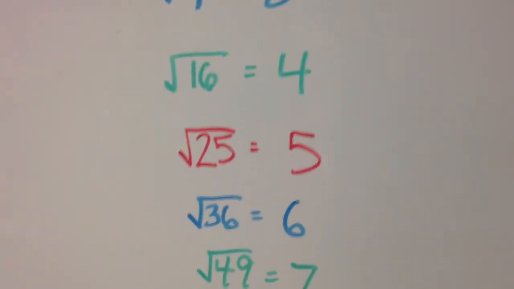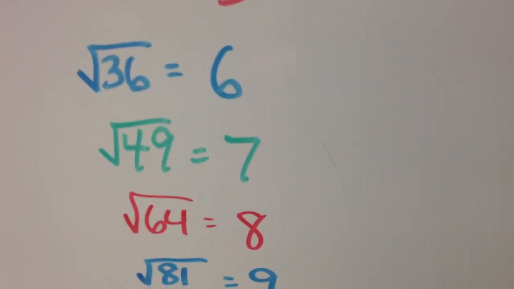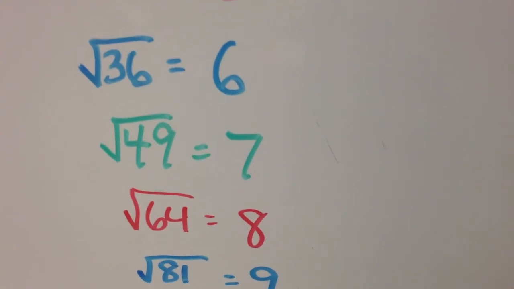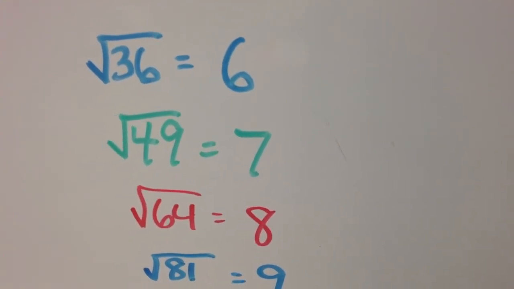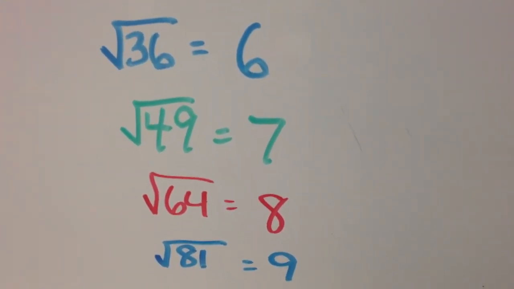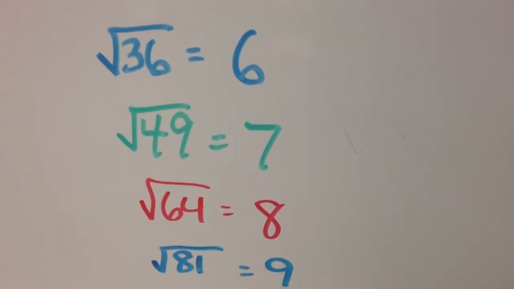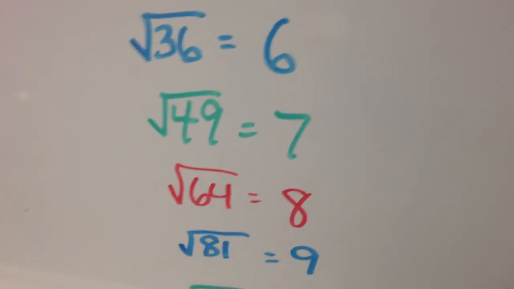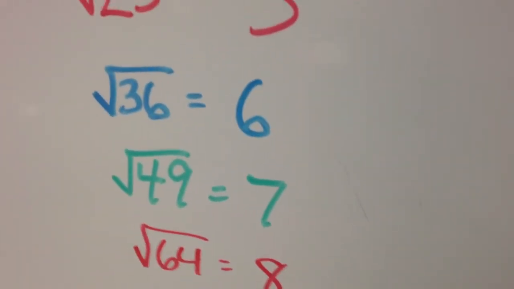And we know that 50 is going to be between 49 and 64, which means that the square root of 50 is going to be somewhere between 7 and 8 because we're finding the square root of 50.